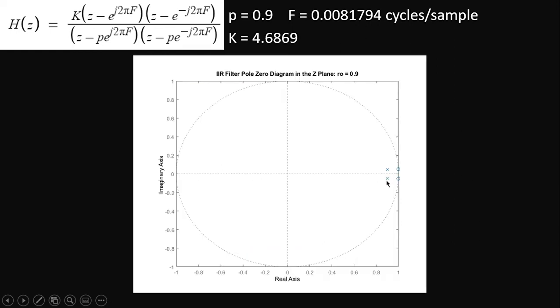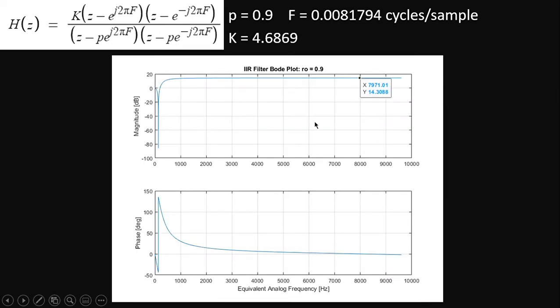So let's see what the Bode plot of this new filter is. We still get a DC gain of 0 decibels, and we're still attenuating any components of the input signal that are at this frequency. You can see they're being attenuated by a very low negative number of decibels, and then it looks like we're still getting some amplification at the higher frequencies.